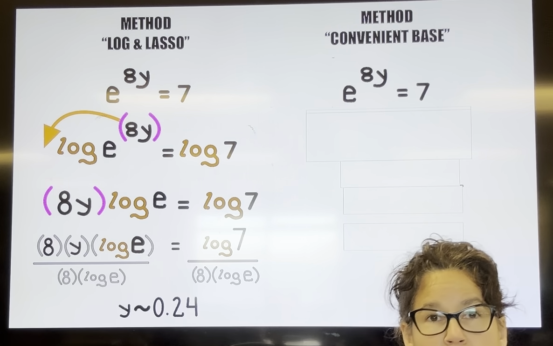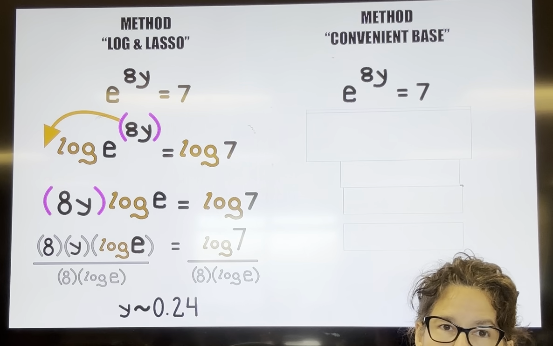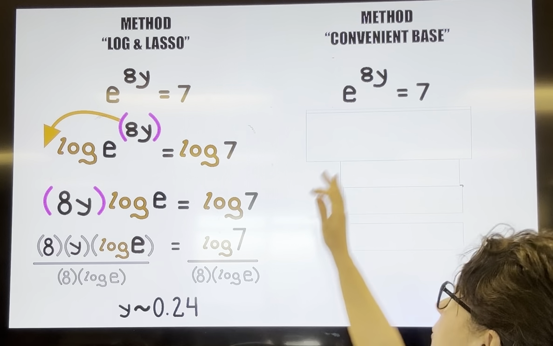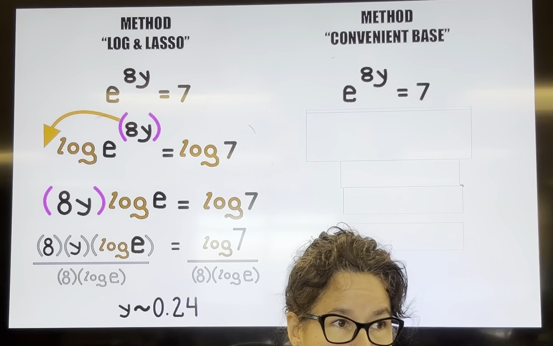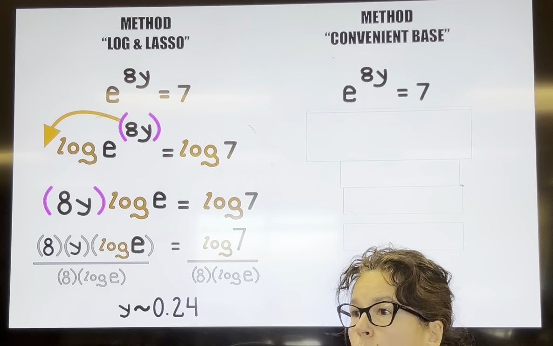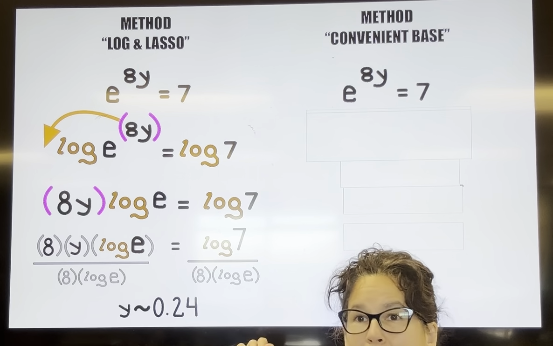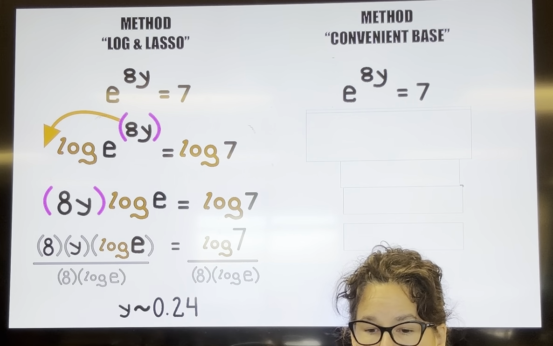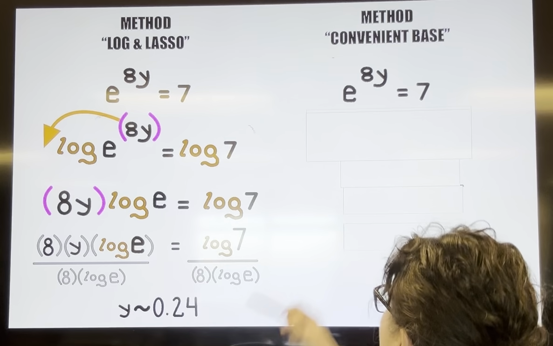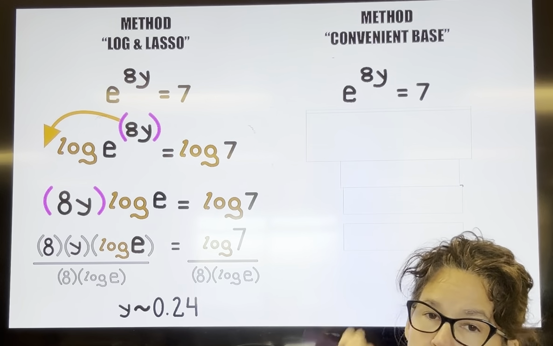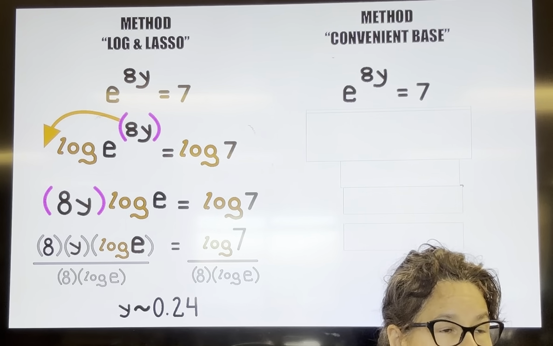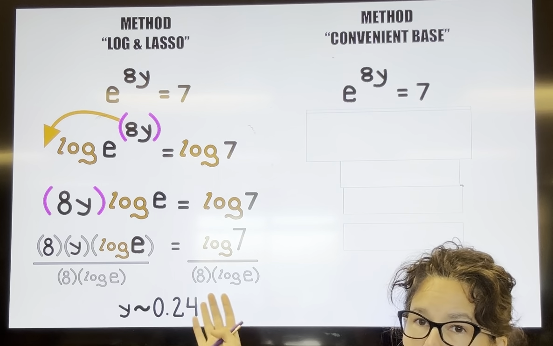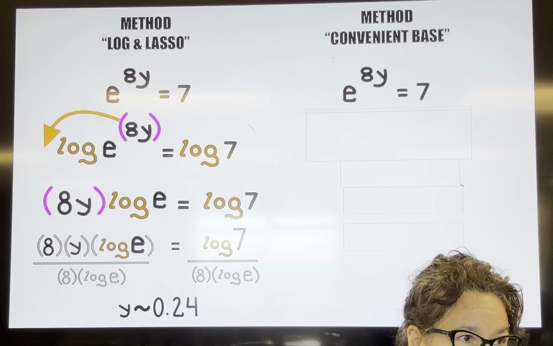Okay, now another strategy. Yes, I'm going to log both sides, but I'm going to refer to this as the convenient log, because we have another property that if the bases match, everything disappears. So in this one here, the base is e. If I choose the logarithm with the same base, it's going to wipe a lot of this out.